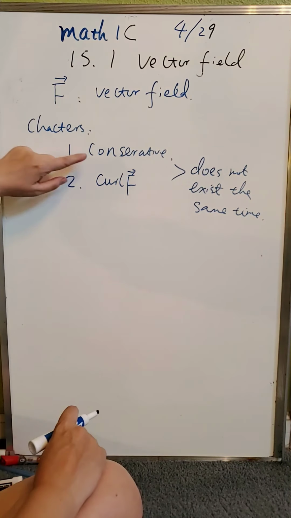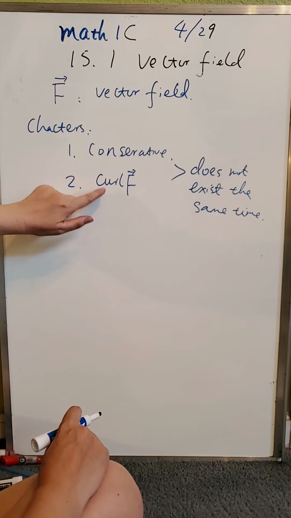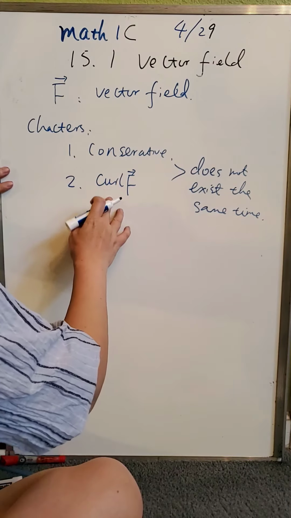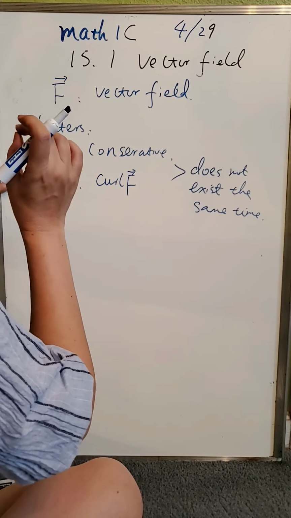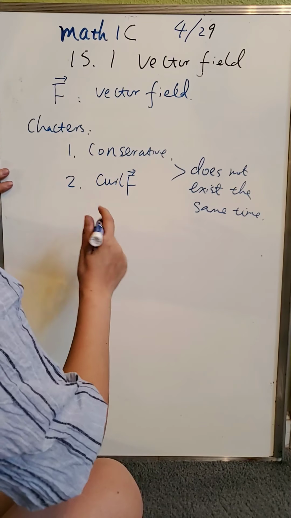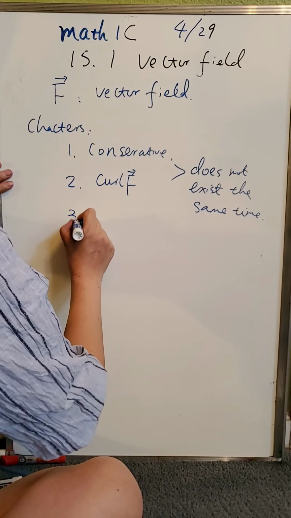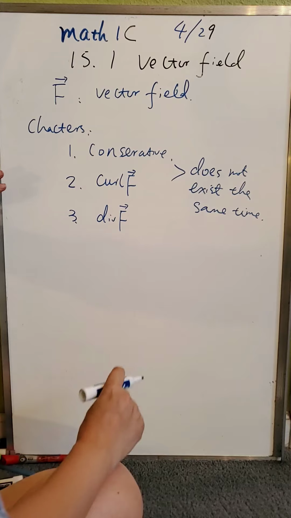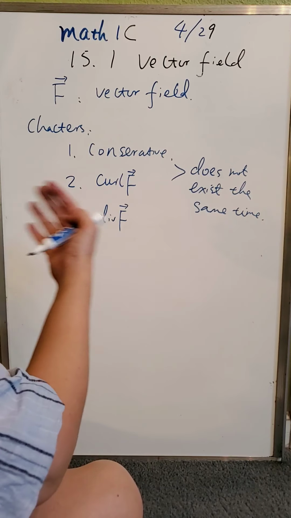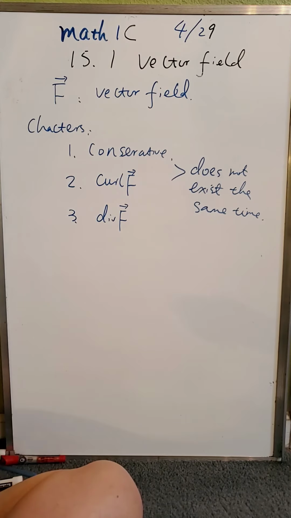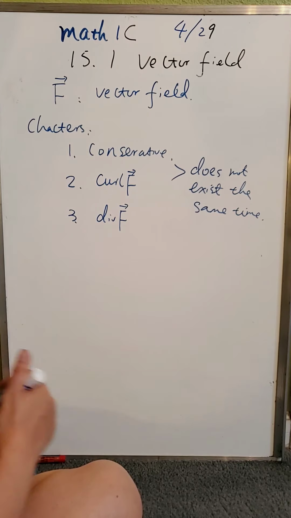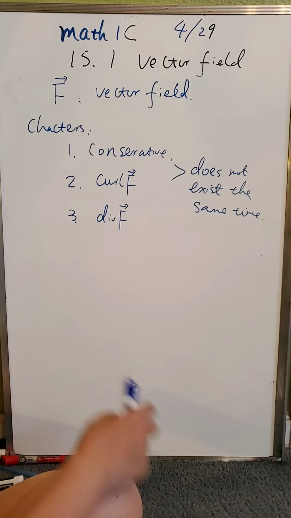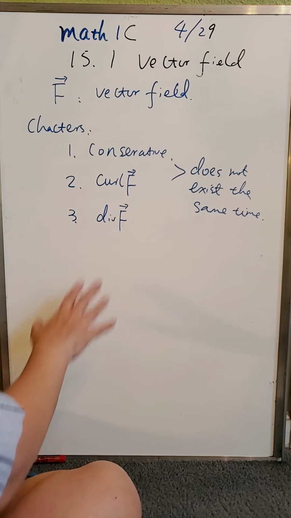Curl means a twisting, pushing force per unit area. Number 3, remember divergence. Divergence is how the fluid comes out from a point, to measure the net flux per unit volume. So that's all we do.